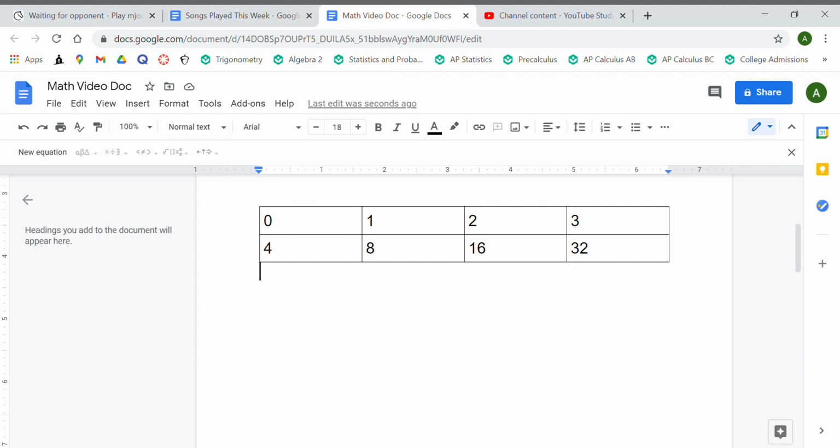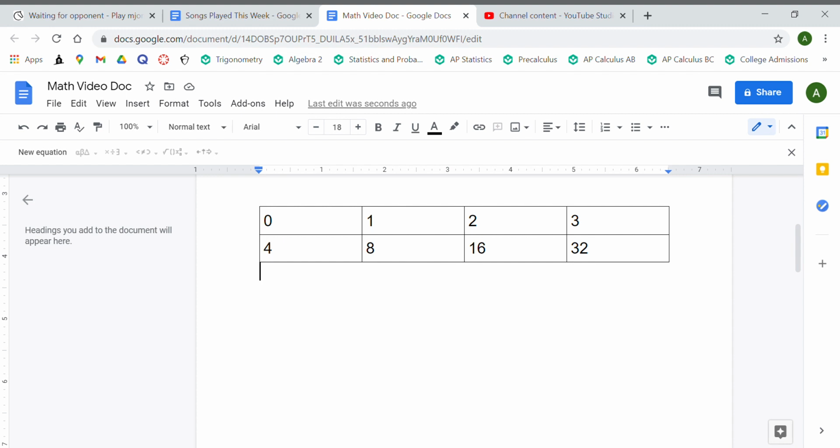However, notice what we've got here. We have 4 and 8. So we multiply 4 by 2 to get 8, multiply that by 2 to get 16, and multiply that by 2 to get 32.